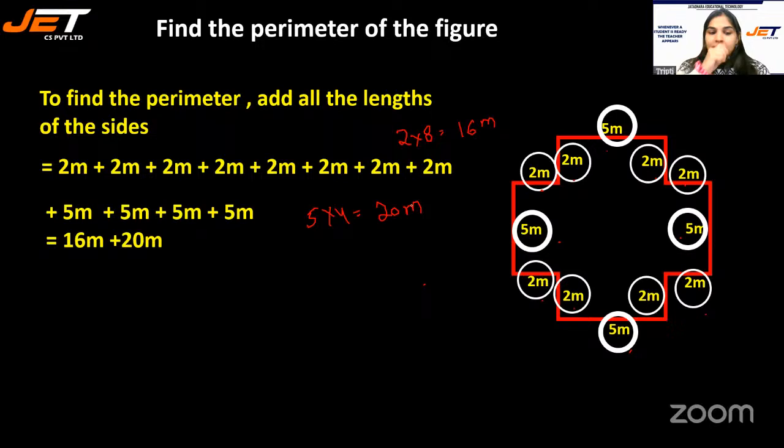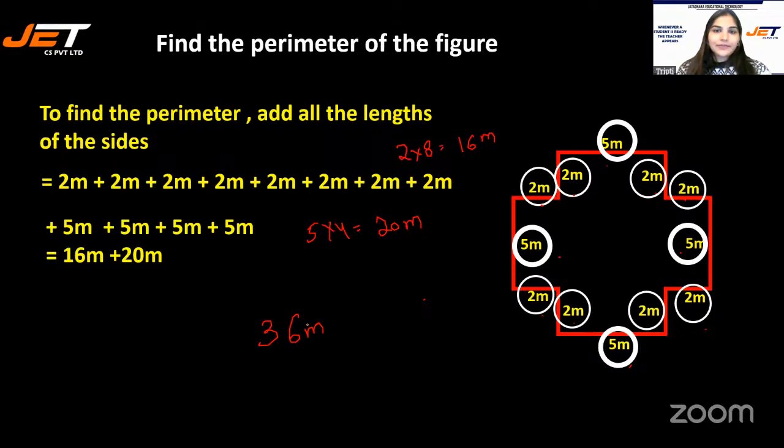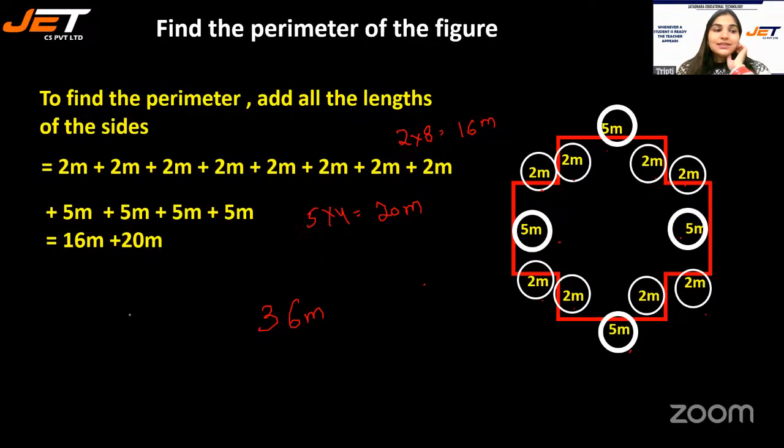So 16 meters plus 20 meters is equal to what? Here, 20 plus 16 is 36 meters. That is the answer. So this is the perimeter of this figure. The perimeter of this figure is 36 meters.